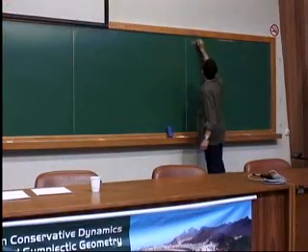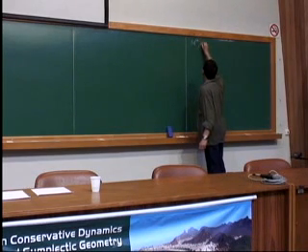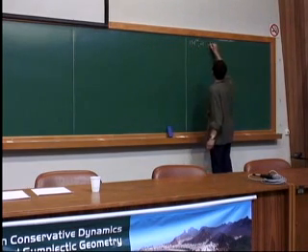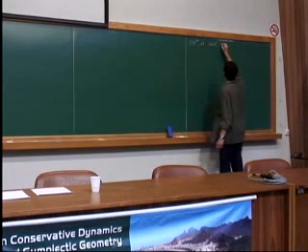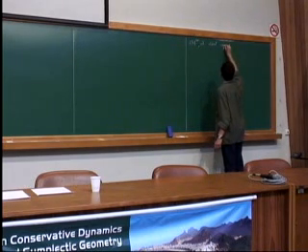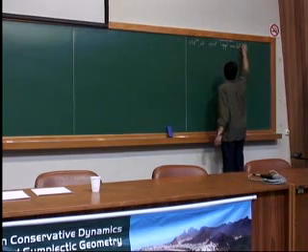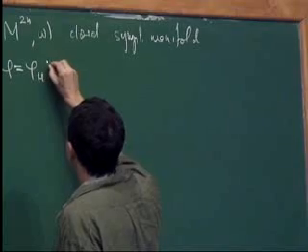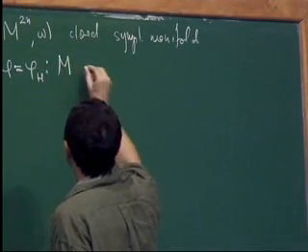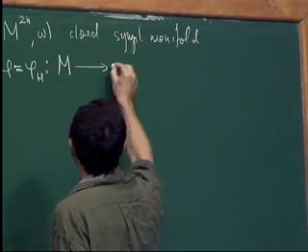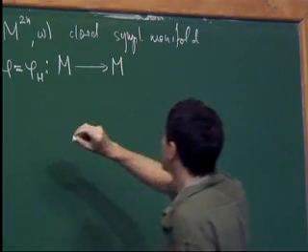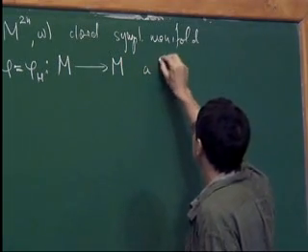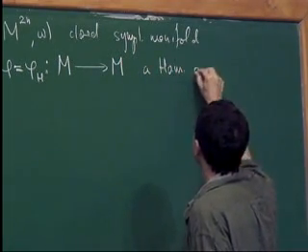So throughout this talk, (M^{2n}, omega) will be a closed symplectic manifold. Phi will be the time one map of a Hamiltonian time-dependent flow, so that's a Hamiltonian diffeomorphism.